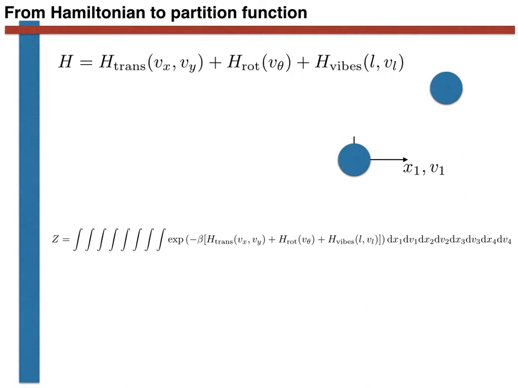The third of these integrals then runs over the values the y-coordinate of the first atom can take, and the fourth, the velocities along this axis. The 5th to 12th integrals then run over the x and y, vx and vy coordinates of the second atom.